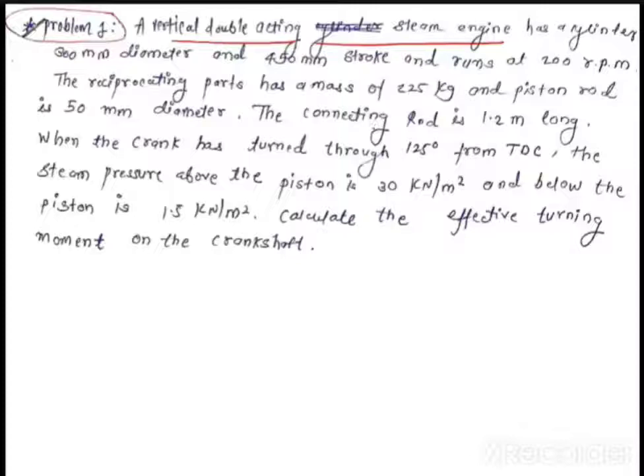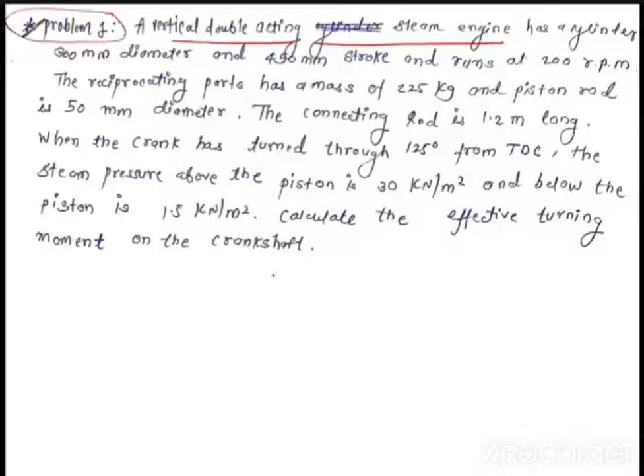The connecting rod is 1.2 meter long. When the crank has turned through 125 degrees from TDC, the steam pressure above the piston is 30 kN per meter square and below the piston is 1.5 N per meter square. Calculate the effective turning moment on the crankshaft, right?